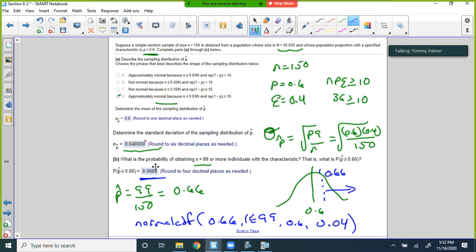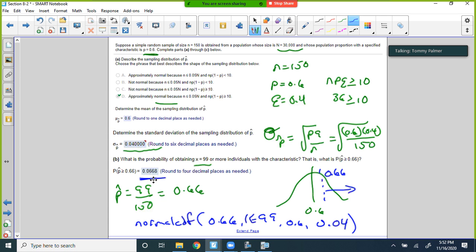Which is 6.68%. So out of 100 repetitions of this, we would expect 7 to be 99 or more, right?